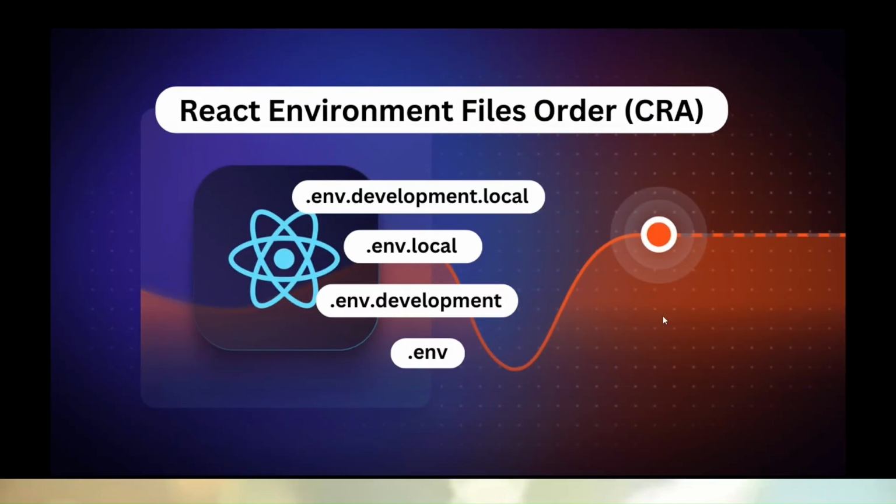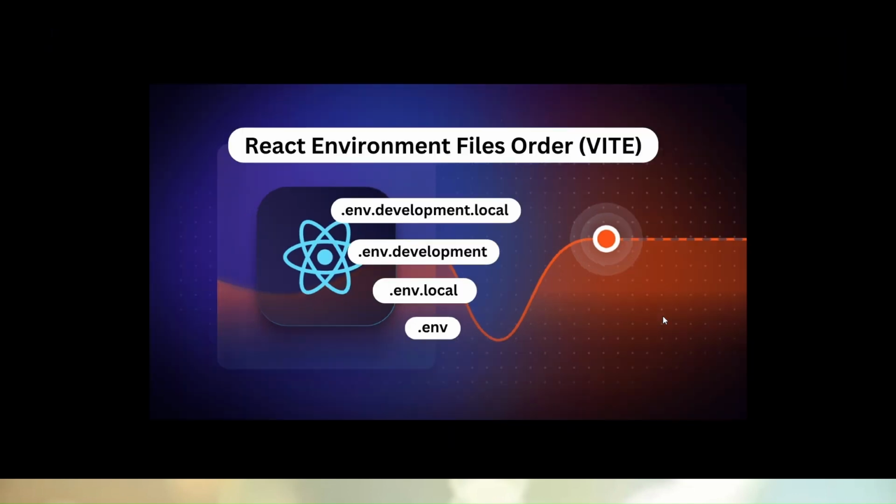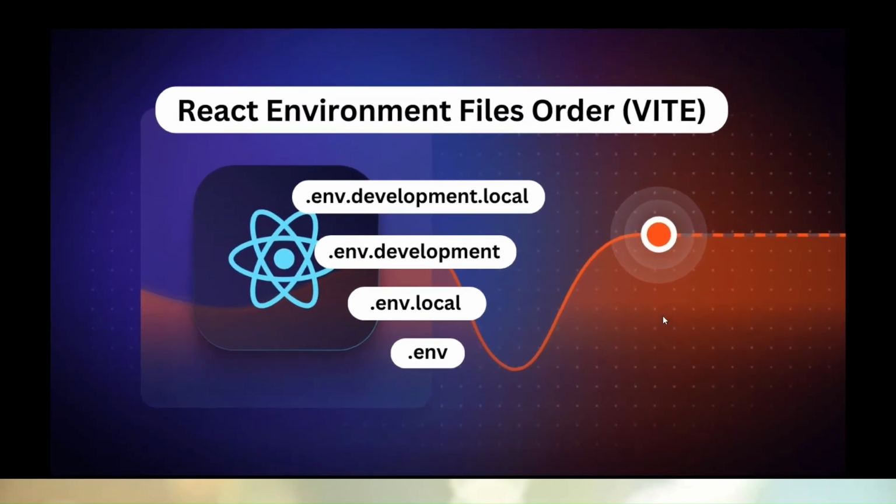Whereas if I talk about the React application installed using Vite, in that case the file precedence or priorities will be .env.development.local, then .env.development, then .env.local, and finally .env.